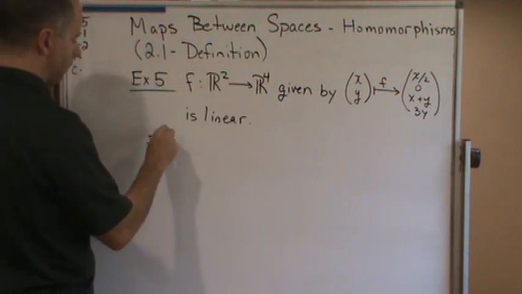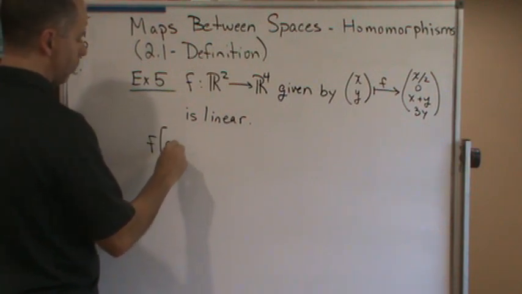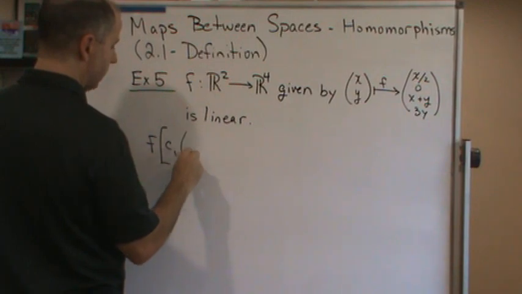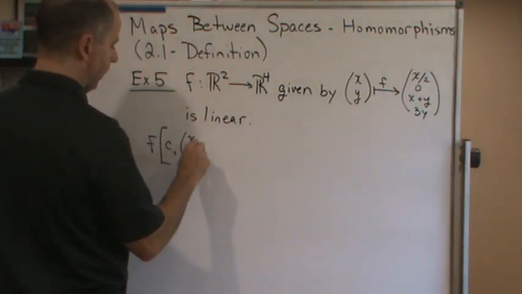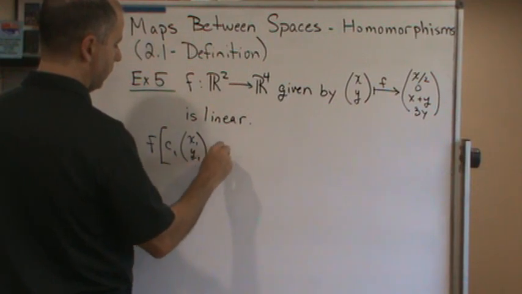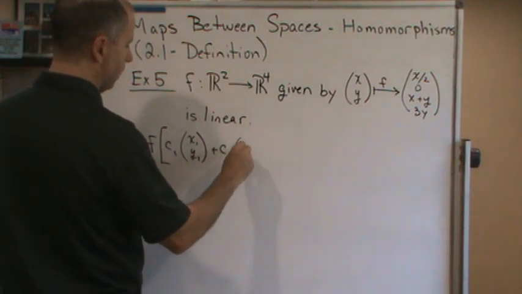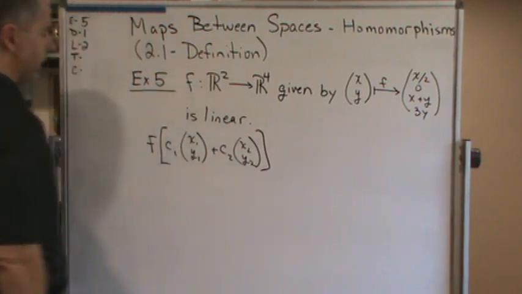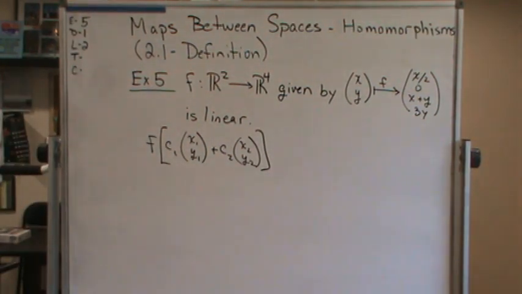f of c1 times (x1, y1) plus c2 times (x2, y2), we're going to show that it preserves linear combinations in this case.